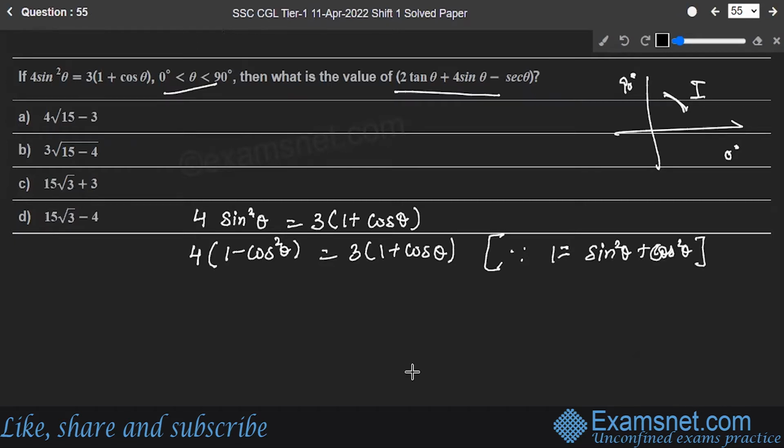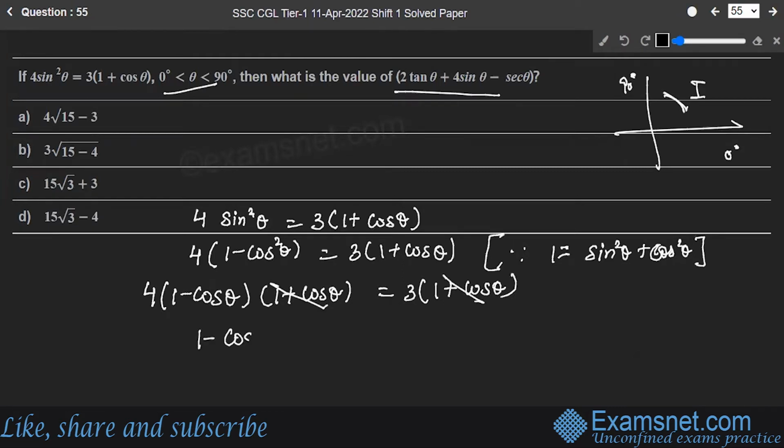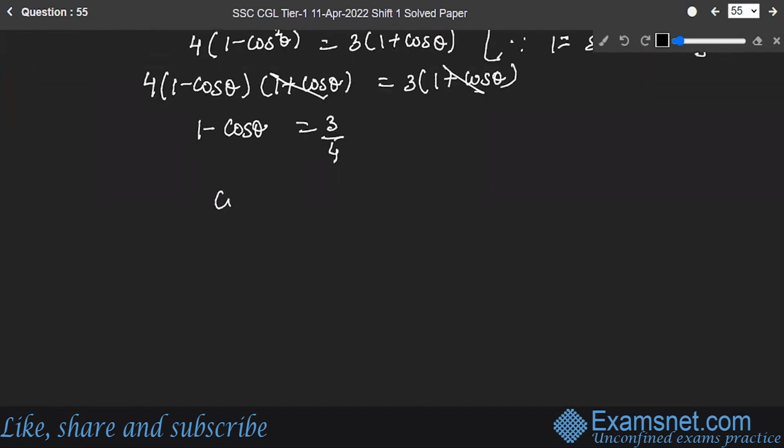So this will make it 4 into 1 minus cos theta into 1 plus cos theta is equal to 3 into 1 plus cos theta. They will cancel, right? You will have 1 minus cos theta is equal to 3 by 4, or cos theta is equal to 1 minus 3 by 4, which is equal to 1 by 4. This is the value of cos theta.